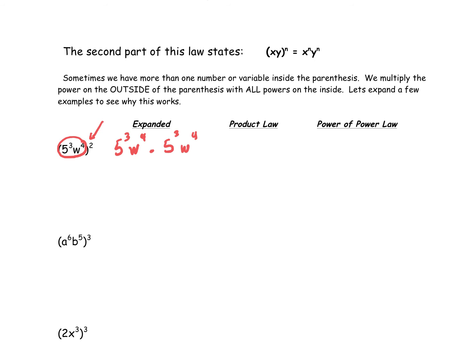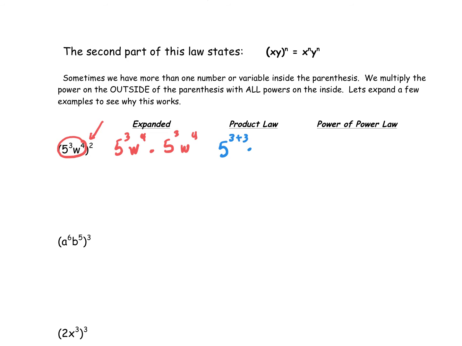So now I'm going to use the product law, but when I use the product law, I need to gather up my like bases. So I'm going to start with the 5s. There's a base of 5. And remember, if it's side by side, it means it's being multiplied. So we're allowed to take this in any order we want. Everything's being multiplied. But our product law says that we take like bases and we add their exponents when they're being multiplied.